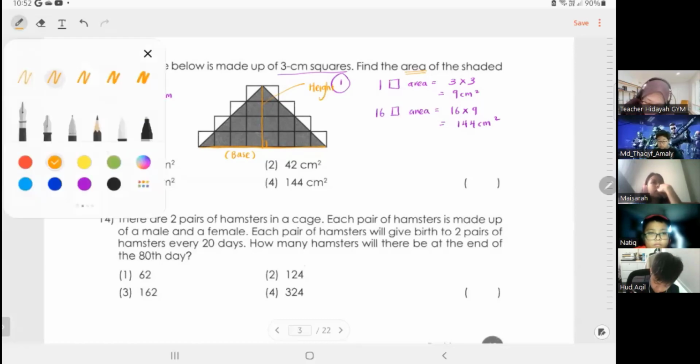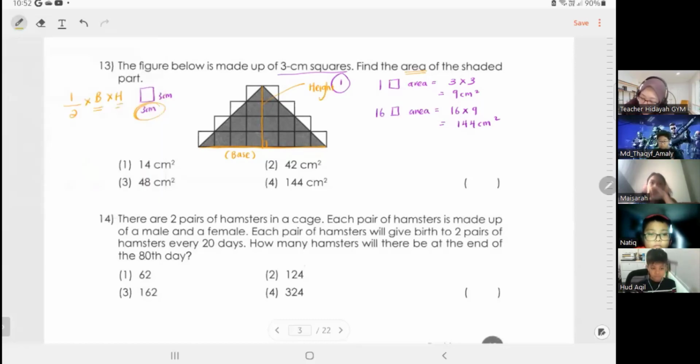Let's count how many squares there are for the base. 1, 2, 3, 4, 5, 6, 7, 8. I'm counting the base, the bottom part there. So the base is actually 8 times 3 cm.